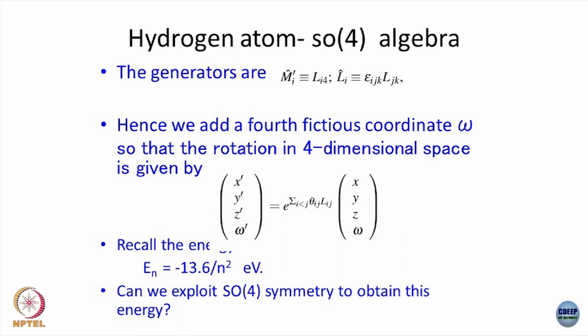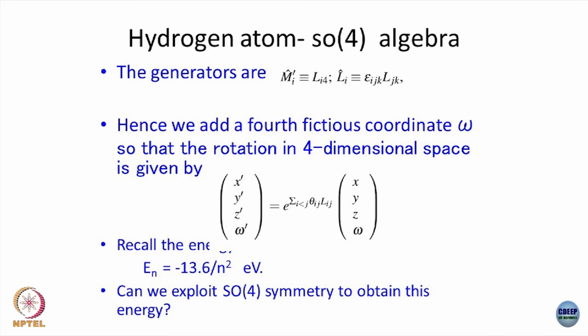Okay, the potential is 1 over r, where r is the square root of x squared plus y squared plus z squared. Okay. But you are introducing this fictitious coordinate just to mimic this algebra of SO4 as I have shown in the slide. Okay.